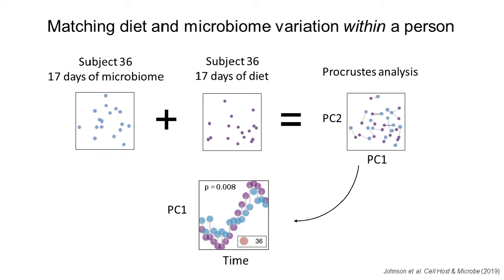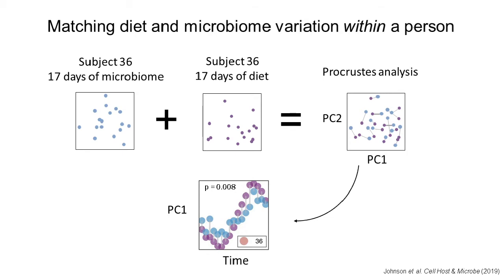If there were no correspondence between your recent dietary intake and your microbiome today, then these points would be flip-flopping up and down, from the top to the bottom of the graph. The blue and purple, which represent microbiome and diet, would not be moving from one end of the PC1 to the other together. And so for this subject 36, we actually see a strong correspondence, and there's the p-value.